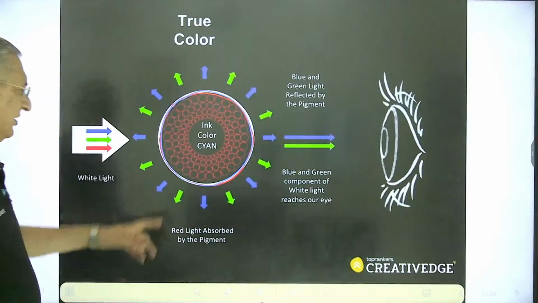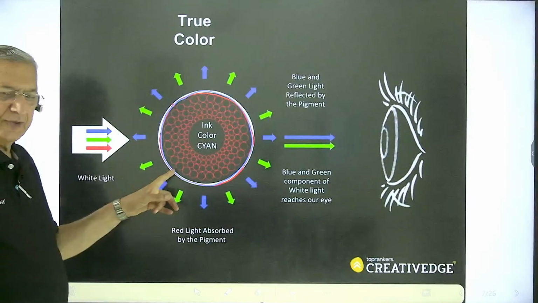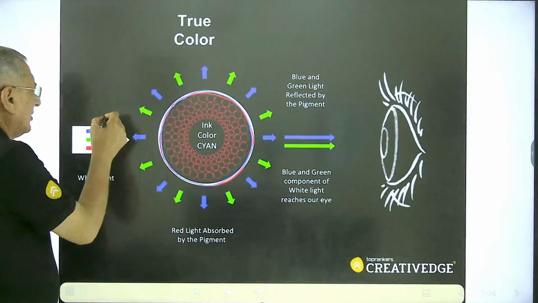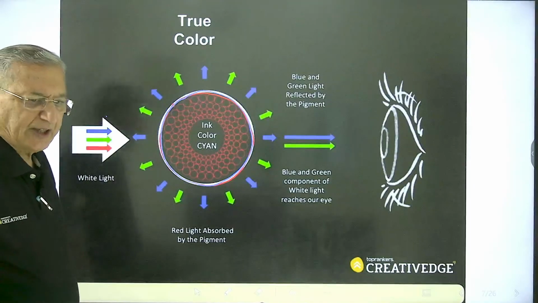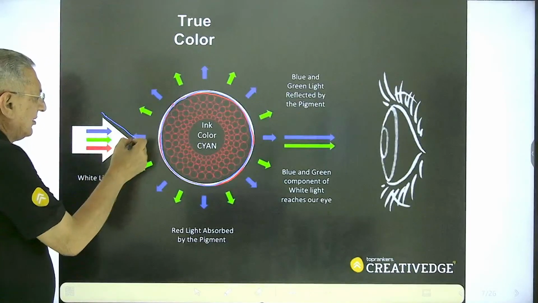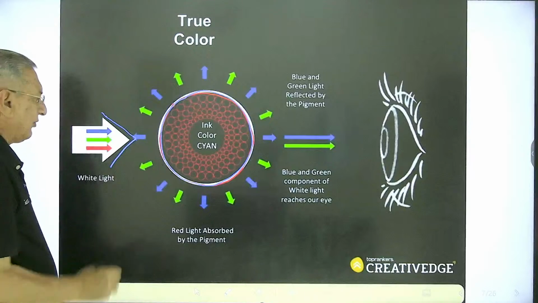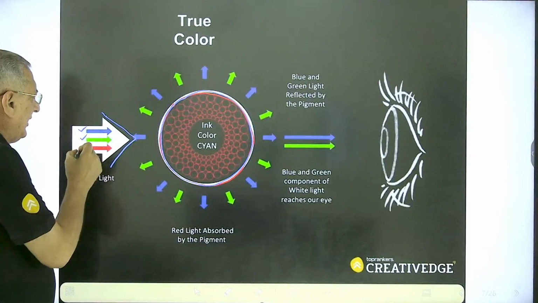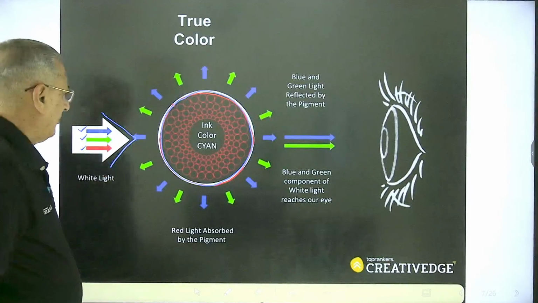Let's say that this is a ball of cyan color. That means it has a property of reflecting cyan color. White light, comprising blue, green, and red, comes to it. What will happen?